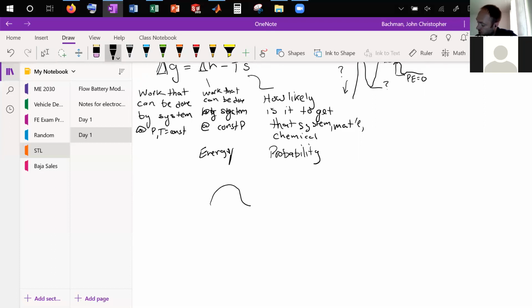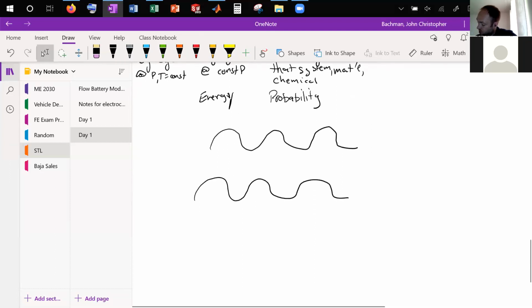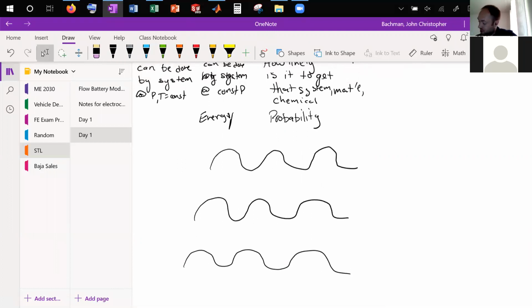So let's say I'm a mechanical engineer, so I like to think about balls and hills. Sorry if this isn't your leaning, but let's say we have 9 balls, right?